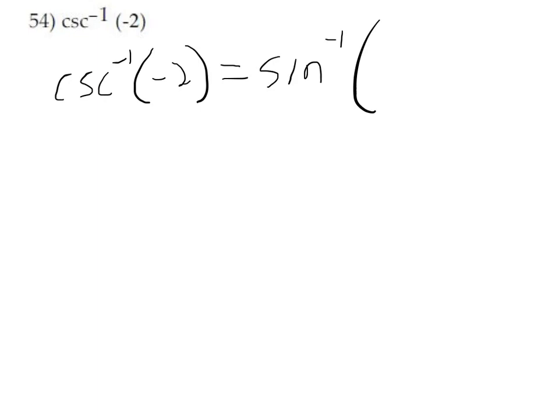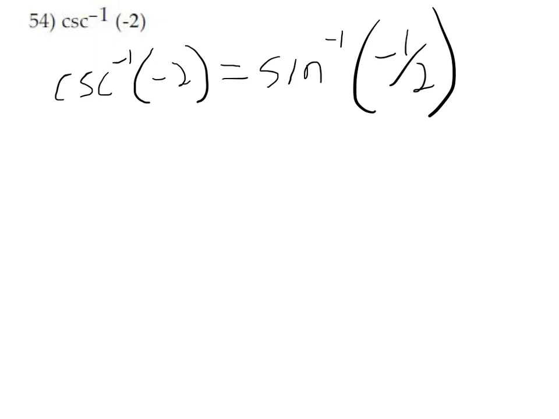Find arc cosecant of -2 without the use of a calculator. Essentially, arc cosecant of -2 is the same as arc sine of -1/2.